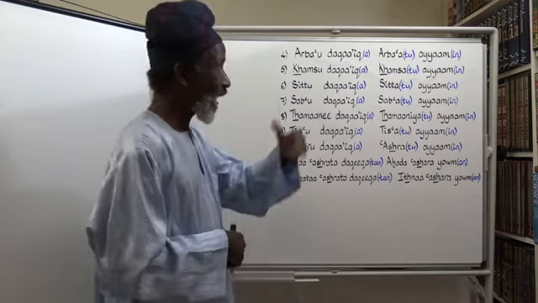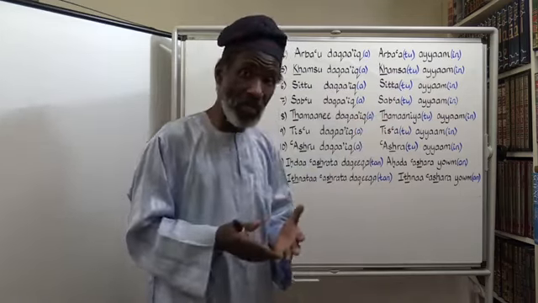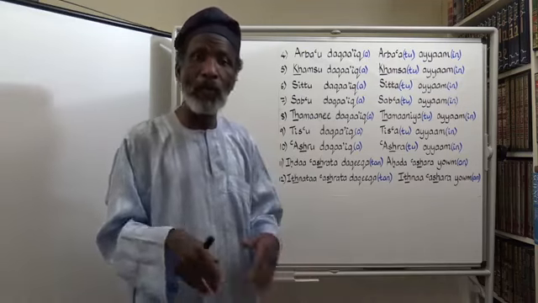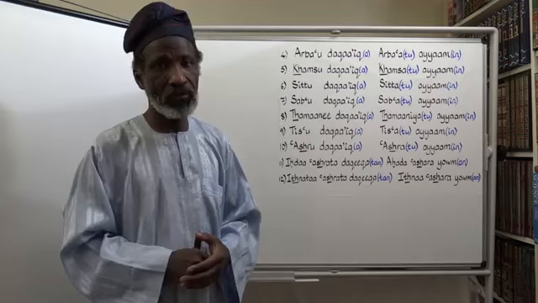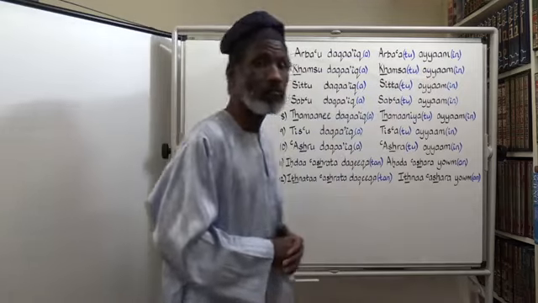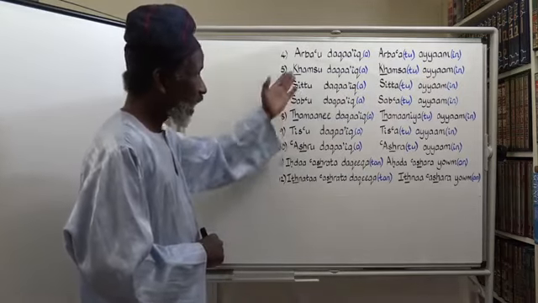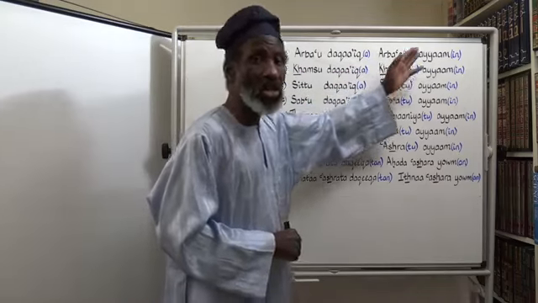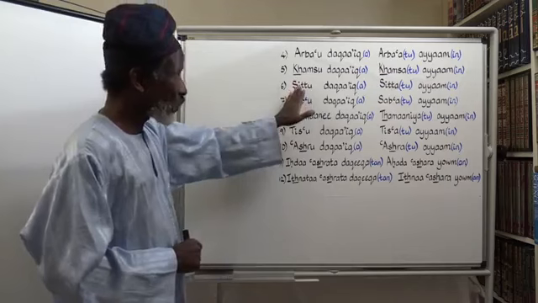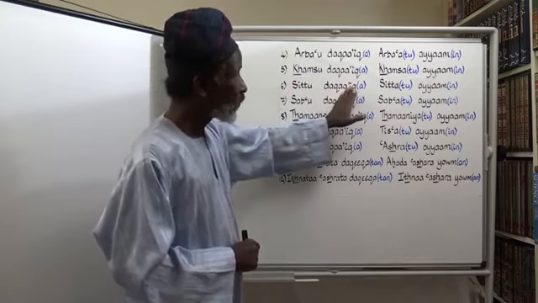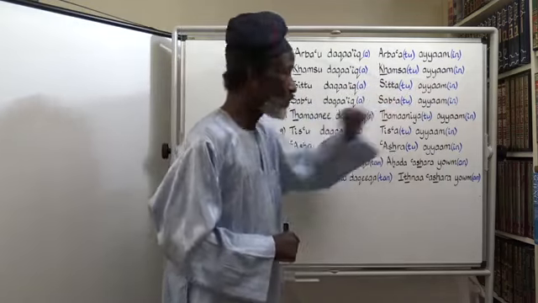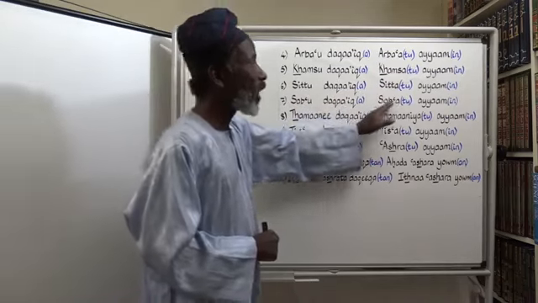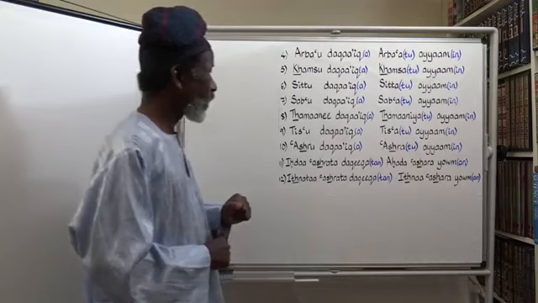If I say khamsa, this is the feminine version of number 5, I have to mention a male noun such as ayyam. Khamsu daqa'iqa. Khamsatu ayyamin. Sittu daqa'iqa. Sittatu ayyamin. Sab'a daqa'iqa. Sab'atu ayyamin.